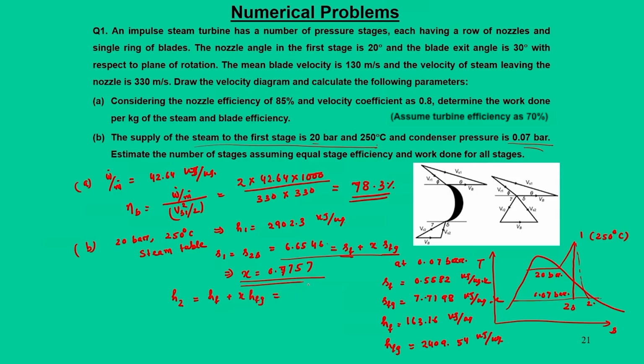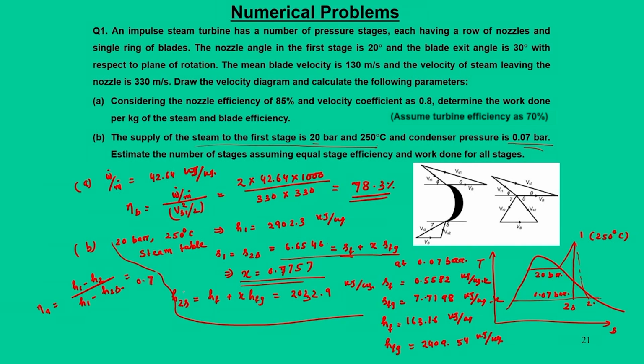Once you know x, we can find H2 equal to Hf plus x into Hfg, and this is H2s. So, this is 2032.9 kilojoule per kg. Now, turbine efficiency is H1 minus H2 divided by H1 minus H2s, that is given as 70%.